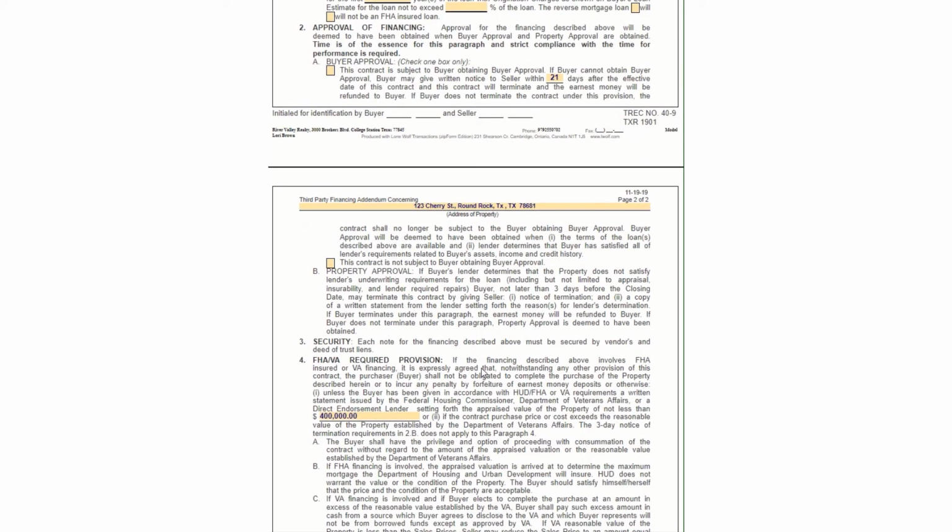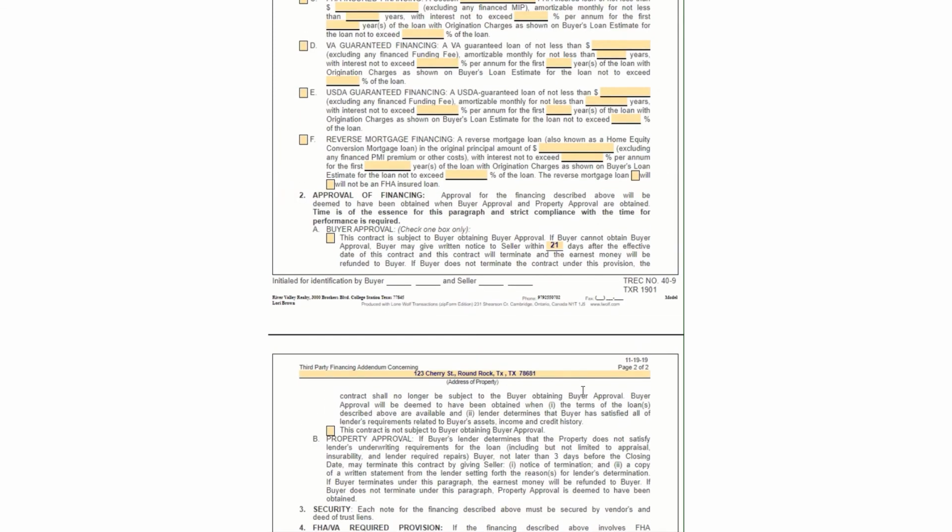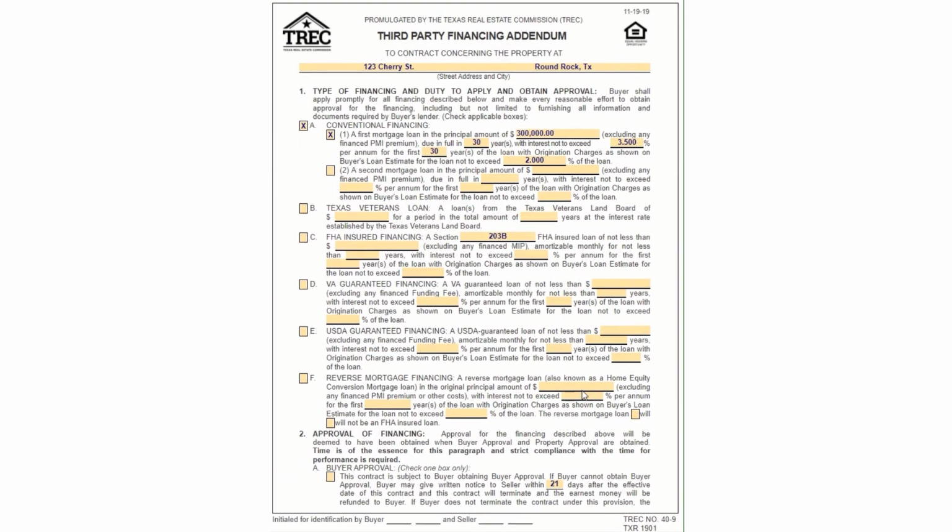So this is the third-party financing. One more thing I want to say about using the third-party financing. I'm of the opinion we have the appraisal waiver form that you should be using the appraisal waiver always with this third-party financing. And let me explain why. Because it's possible for the lender to approve the buyer here.